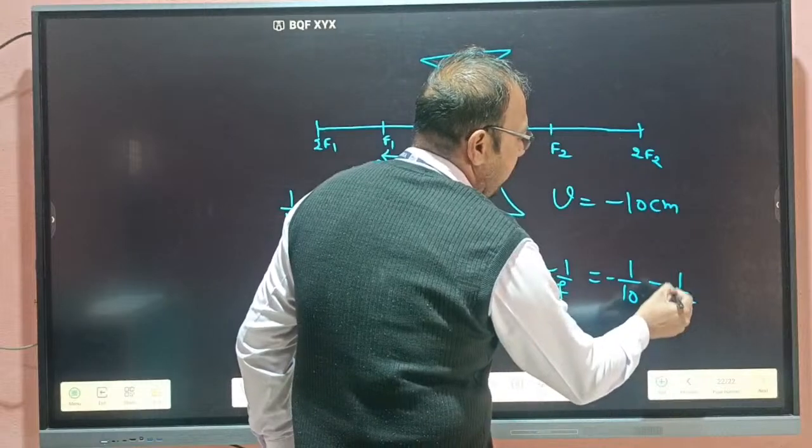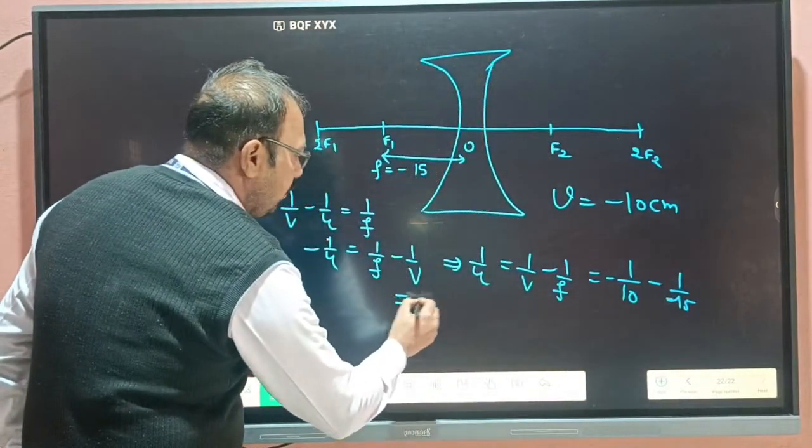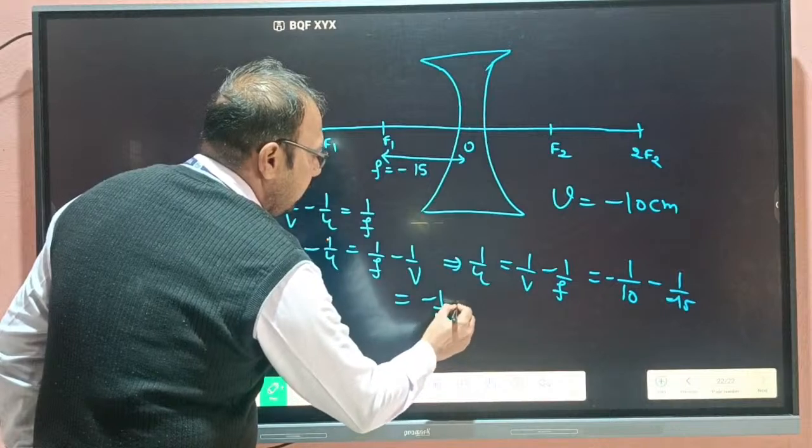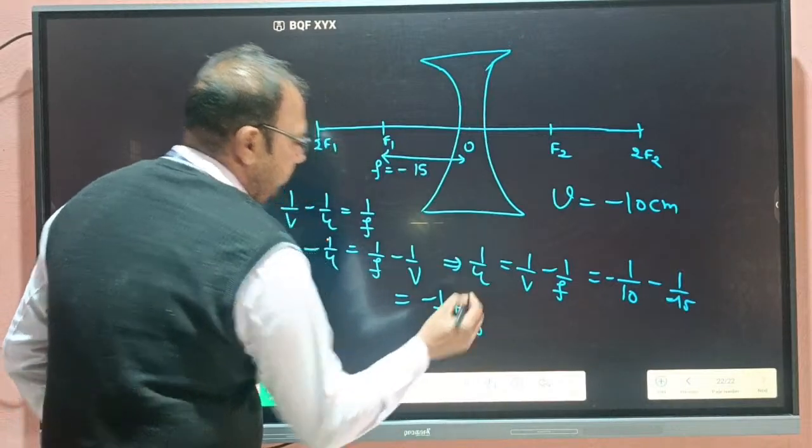Minus minus is plus, so this is equal to minus 1 by 10 plus 1 by 15.